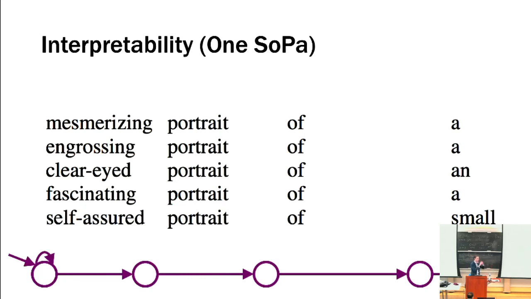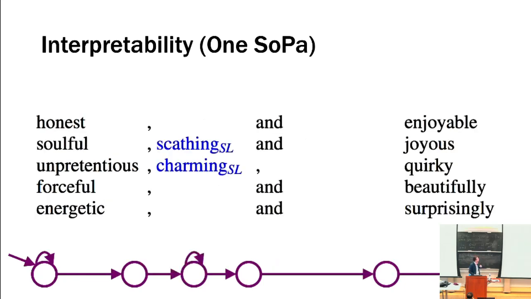And so that portrait of pattern I was talking about earlier, that actually was one that our model discovered. It learned this positive word portrait pattern by itself. Okay, that extra word at the end, maybe not so important. Maybe we would have done better if we'd had a smaller pattern here, but this is the way the chips fell. Lists of positive words: honest, enjoyable, soulful, scathing, and joyous.